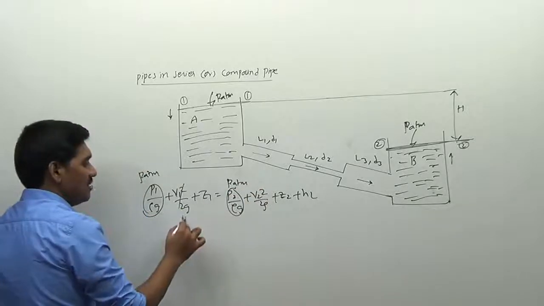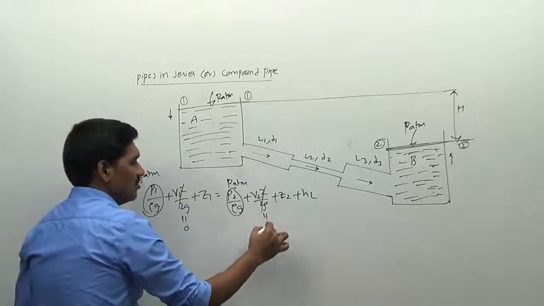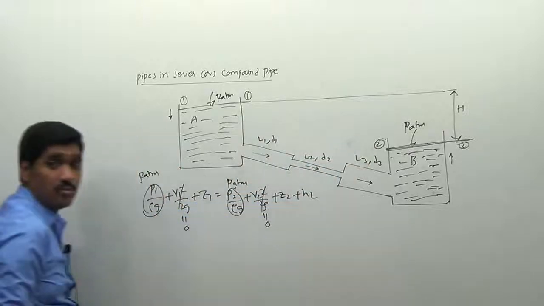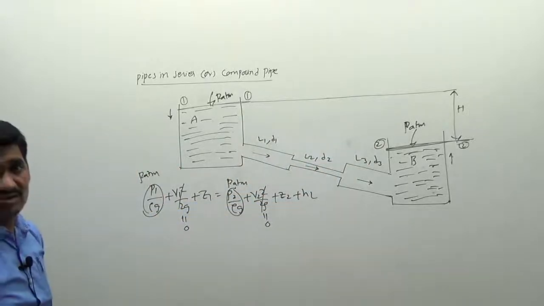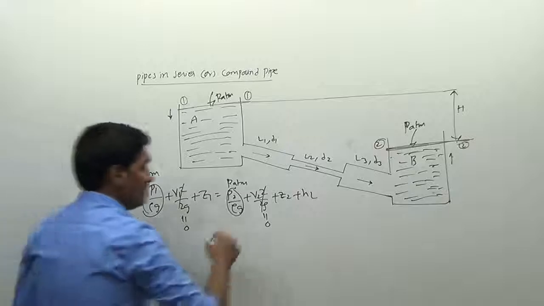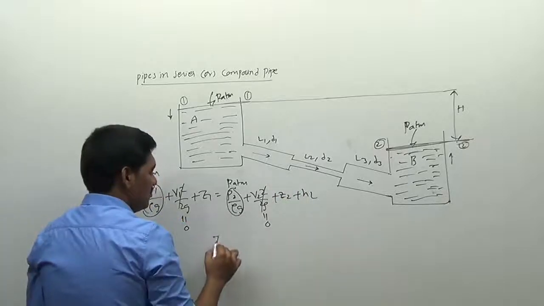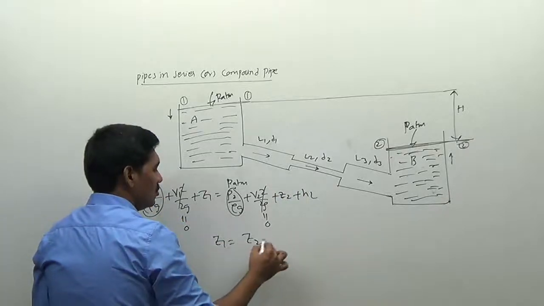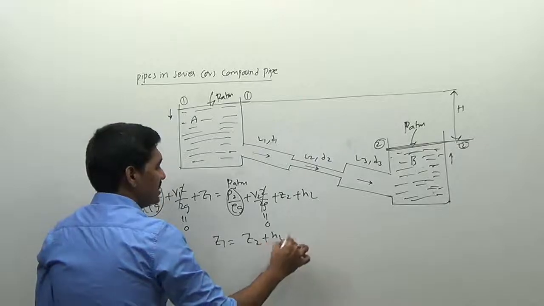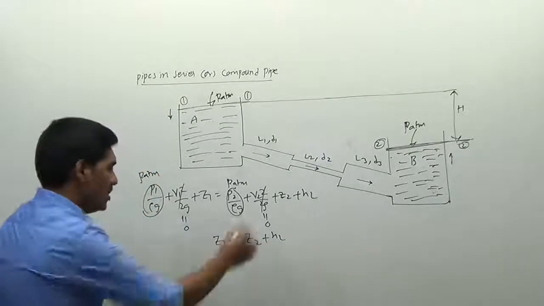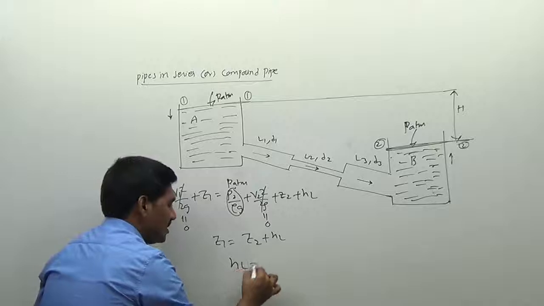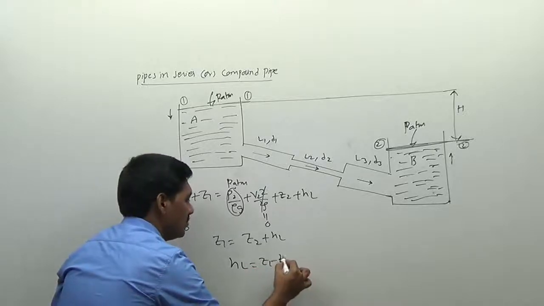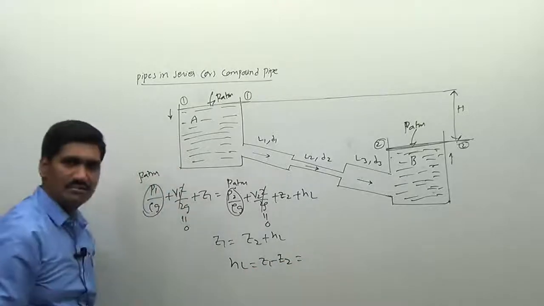The velocity will be equal to 0 at these two positions. At the topmost position, the free surface of the water, the velocity is equal to 0 here. Therefore, the terms which will be left over will be Z1 is equal to Z2 plus HL we can say. Okay. Now I am writing the value of HL is equal to Z1 minus Z2.